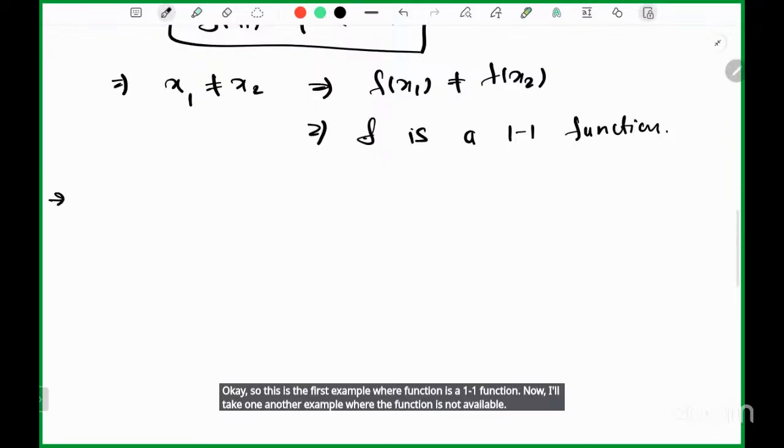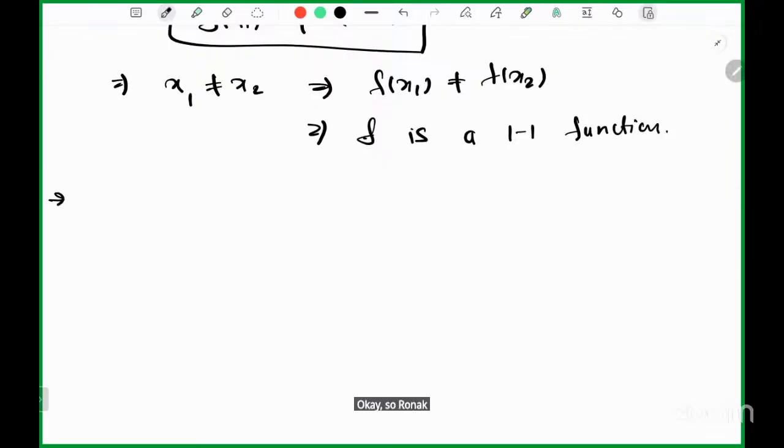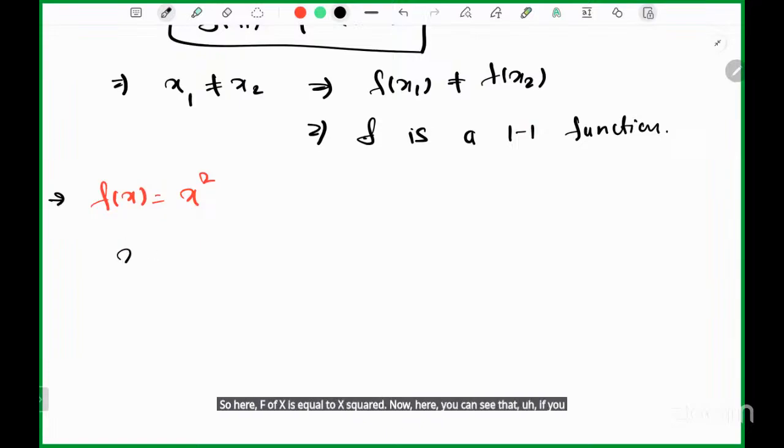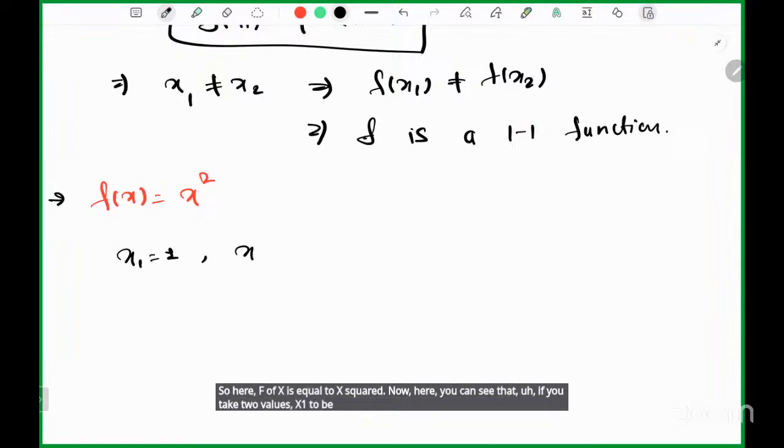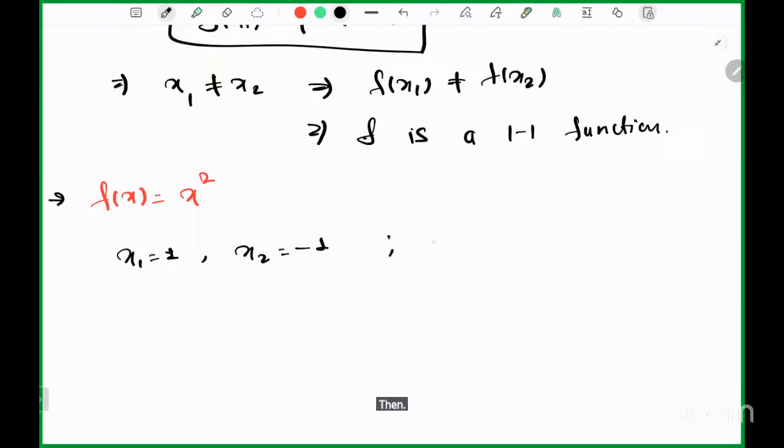Okay, so Ronak, do you have any doubt? Yeah, fine. So now let's take another example. I'll again take a simple example, just a parabola, x square. So here f of x is equal to x square. Now here you can see that if you take two values, x1 to be 1 and x2 to be minus 1, then obviously x1 and x2 are different, right? x1 is not equal to x2.